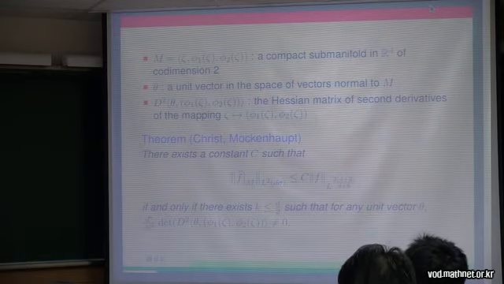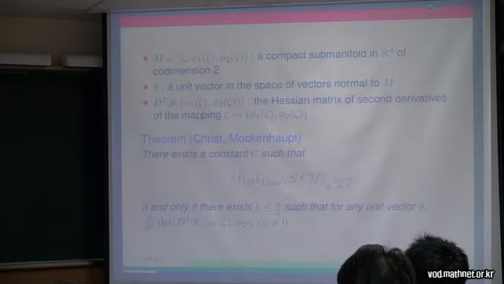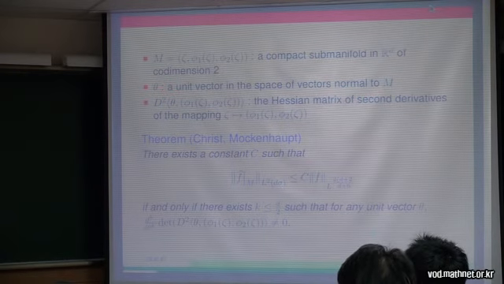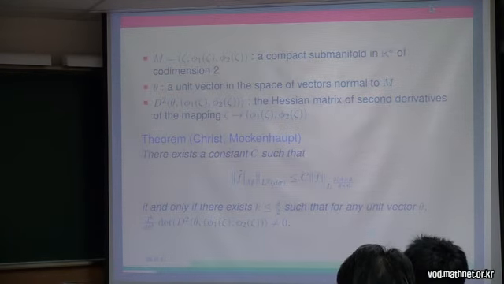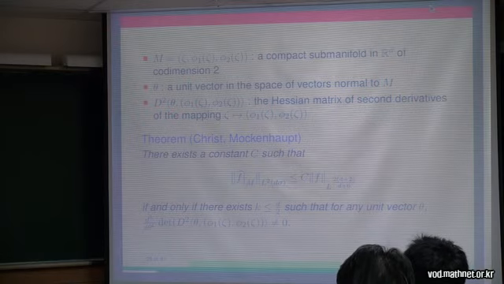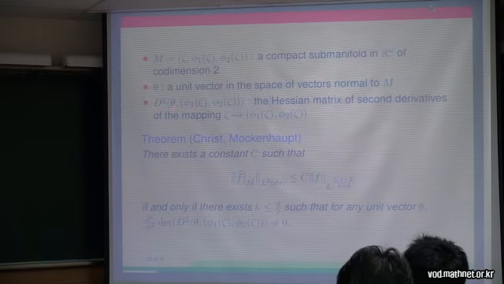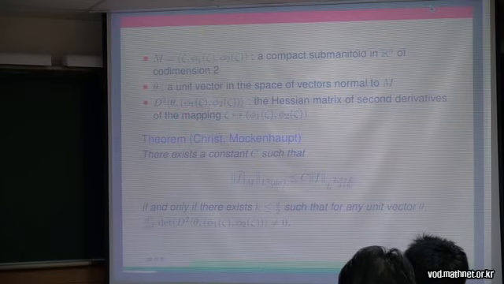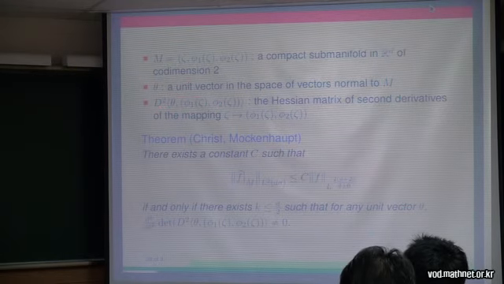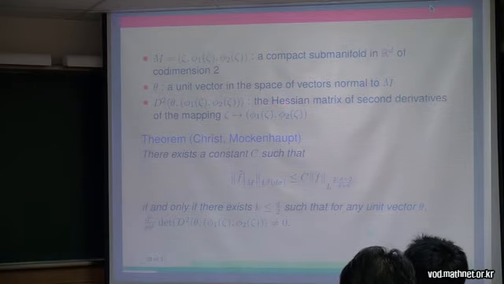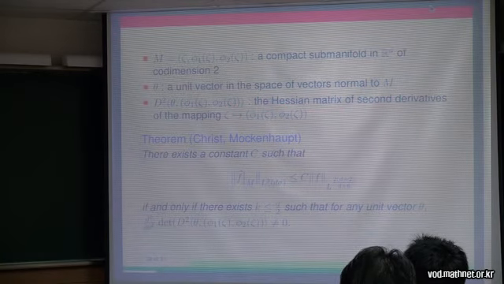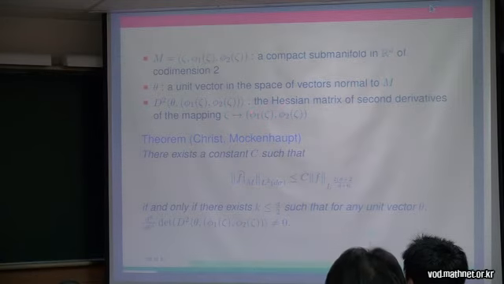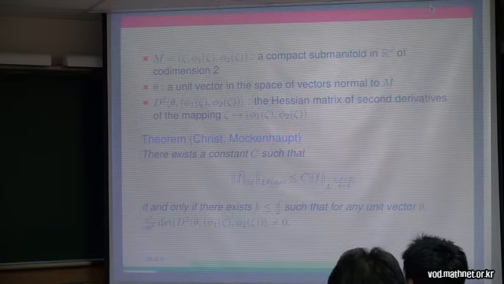There exist some vectors normal to M, which we denote by theta. Then you can consider the inner product of theta and (phi 1, phi 2). This quantity is the Hessian matrix of second derivatives of the mapping zeta to (phi 1 of zeta, phi 2 of zeta).